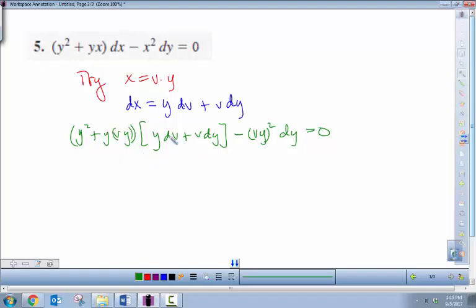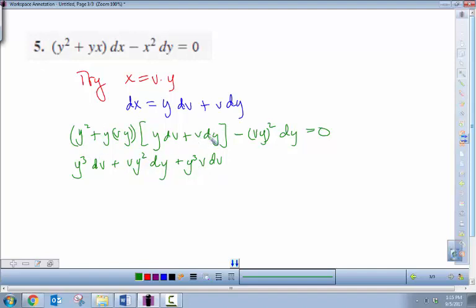All right, let's FOIL this out. We got y cubed dv. That's the first term, the outside term. Then vy squared dy. And then the inside term, y, so that's y cubed v dv. And then the last term, v squared, it's the whole thing.